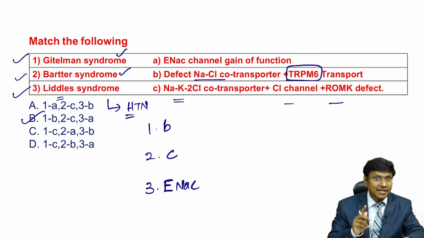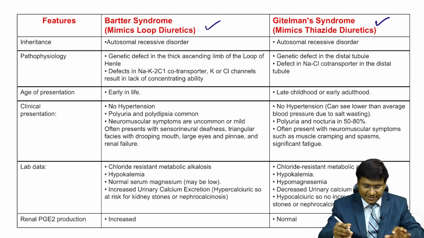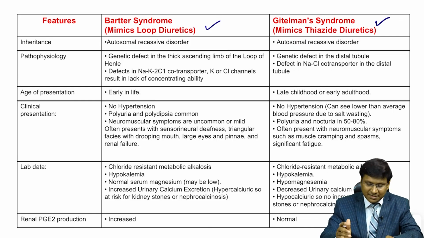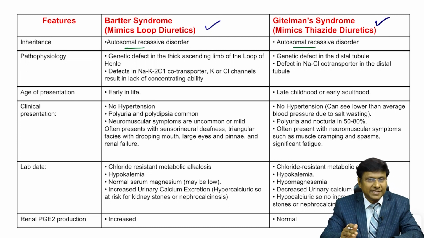Okay. And I'll just show you one important table of differences between Bartter syndrome and Gitelman syndrome. Both Bartter's and Gitelman's are autosomal recessive types of inheritance, whereas Liddle's is autosomal dominant.